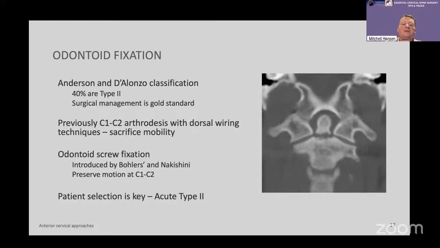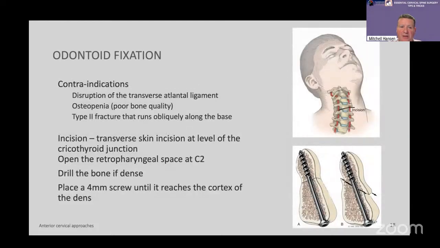Introduced by Böhler and Nakanishi was odontoid screw fixation, where we can preserve motion at C1-2 for type 2 fractures that have the right alignment of the fracture. By placing a screw across the fracture, we can get good reduction of the fragment and still allow rotational movement.